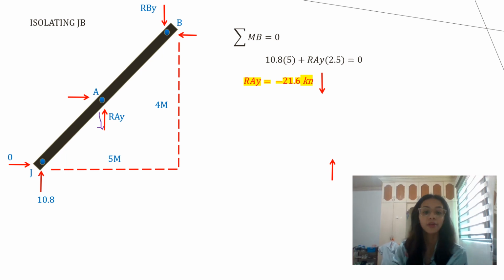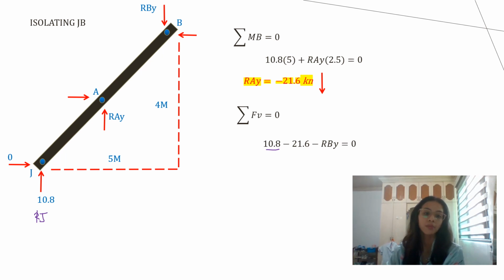So for our force vertical, we have our RJ, which is 10.8, and minus our RAY, 21.6, since it is now pointing downwards.